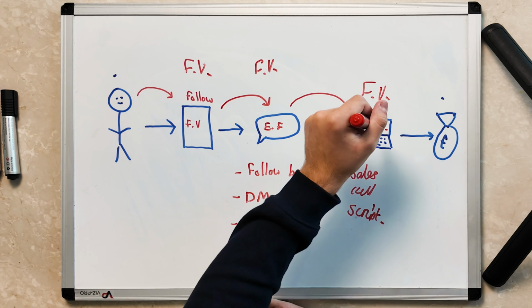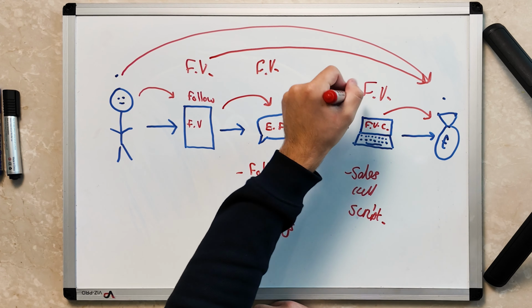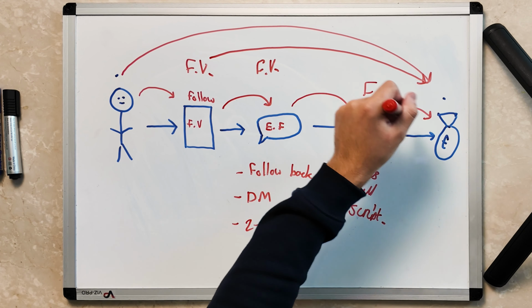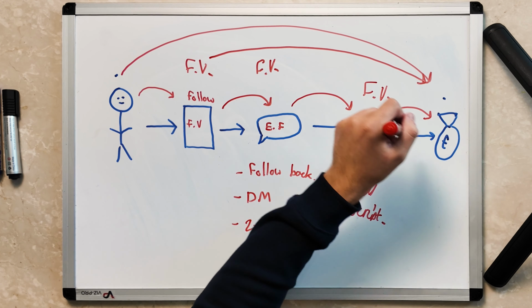And now what you'll notice is we're only asking somebody to make a jump from here to here in order to become a paying client of ours. So rather than asking someone to go from here to here, or potentially if we are posting on Instagram from here to here, by adding in the stage in the middle about engaging with the followers, giving them free value in the DMs, and then giving them free value on a sales call, we're able to make the final jump, which is really the jump that we care about, as small as possible.